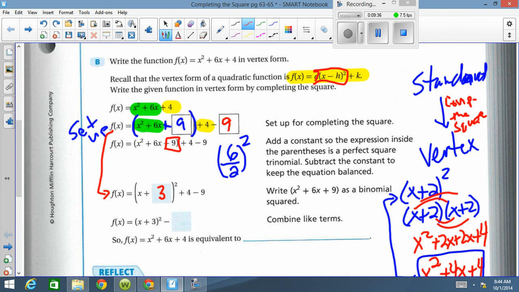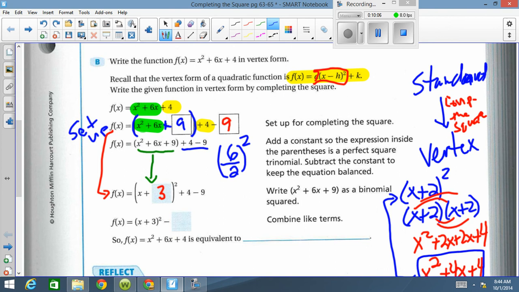So by doing this, I take the middle term, cut it in half, then square it, and that helps me determine that 9 is the number I need in order to create this perfect square trinomial. I have to use 9. No other number will work. Because when I use 9, that part becomes x plus 3 squared, which is a very important part of being in vertex form.